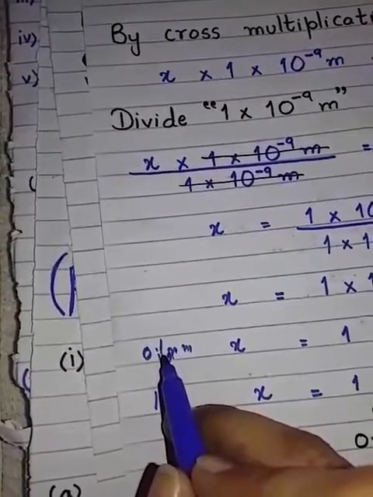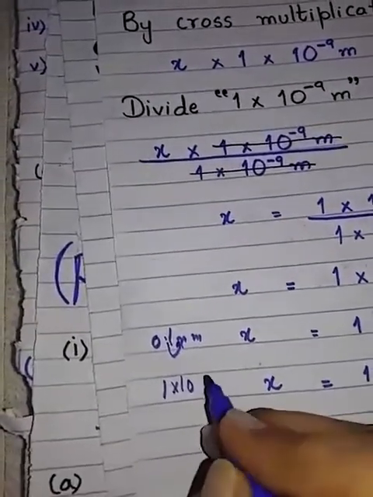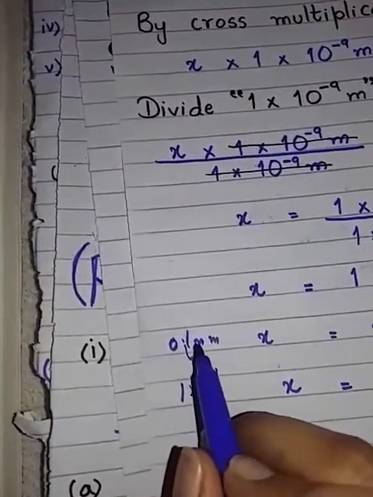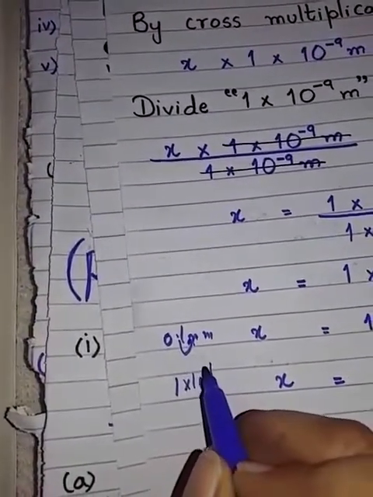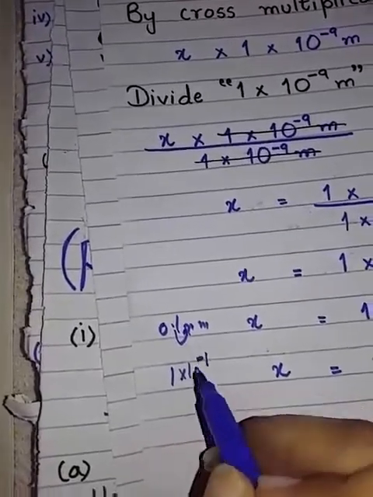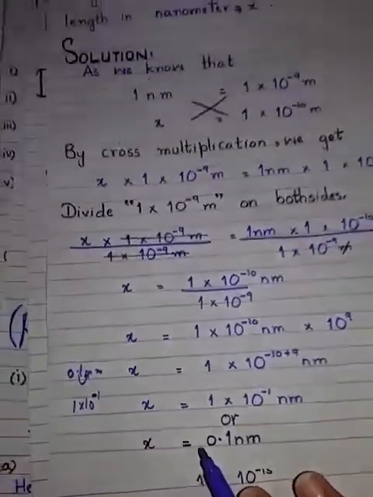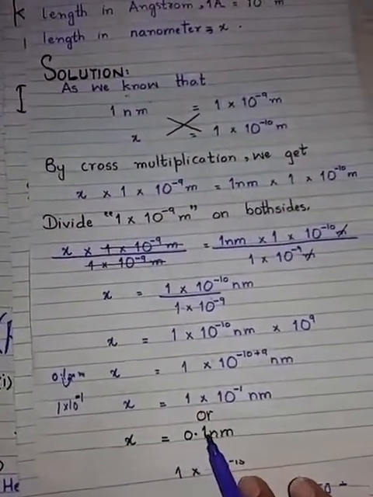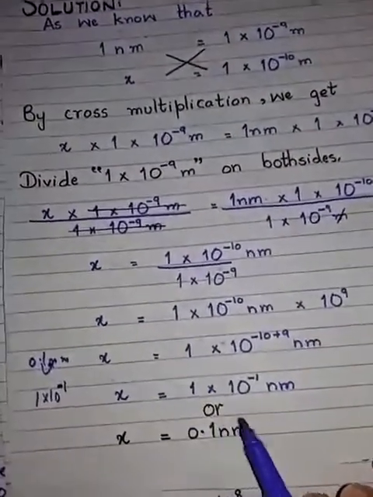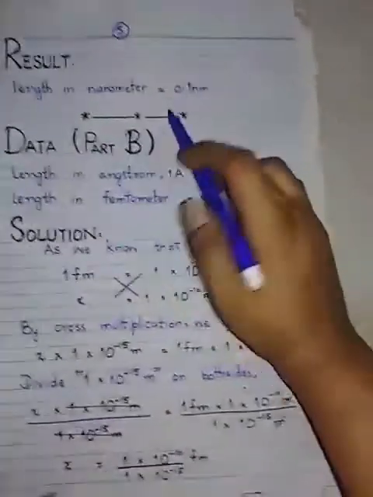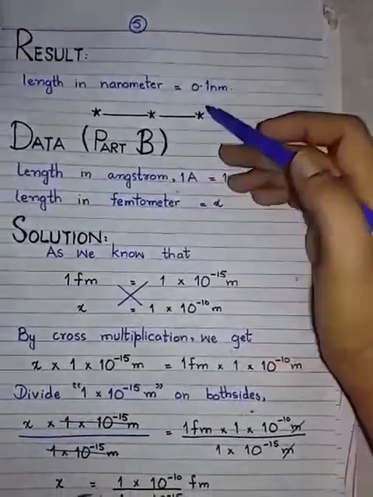As you can see, there is only one digit, so the power of 10 will be 1. And according to the rule, when we move the decimal toward the right side, the power sign will be negative. So length in nanometer is equal to 0.1 nanometer.